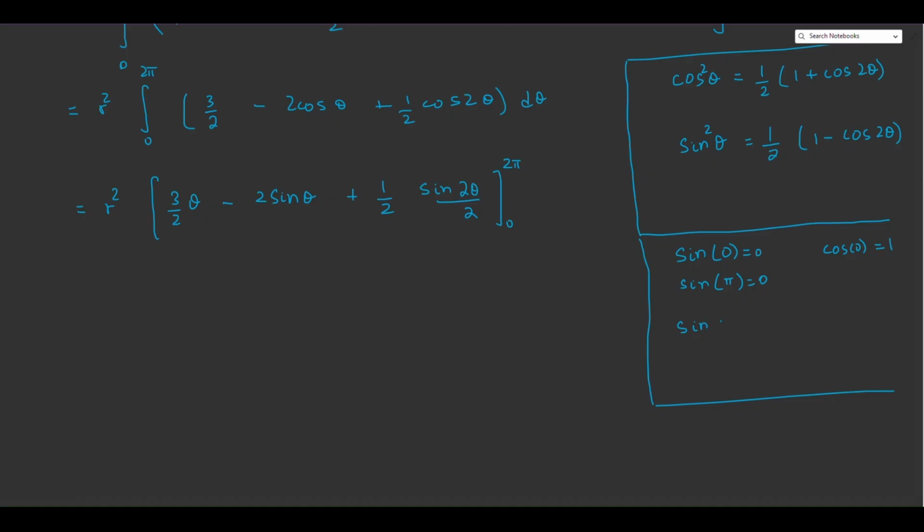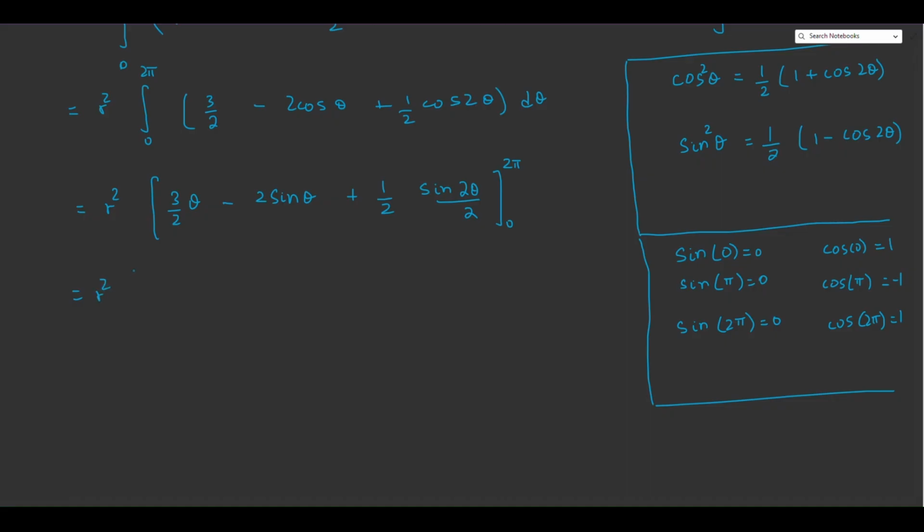Sine of 2 pi is equal to 0. Cosine of pi is equal to minus 1. And the cosine of 2 pi is equal to 1. And then we simplify this thing.